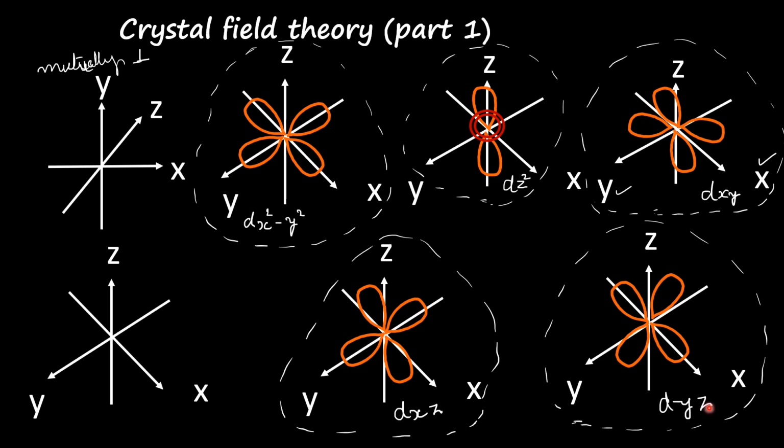They are not along the axis. The structure and the properties of the coordination compound that is formed will depend upon which of these orbitals take part in metal ligand bonding. We will continue this in the next video.